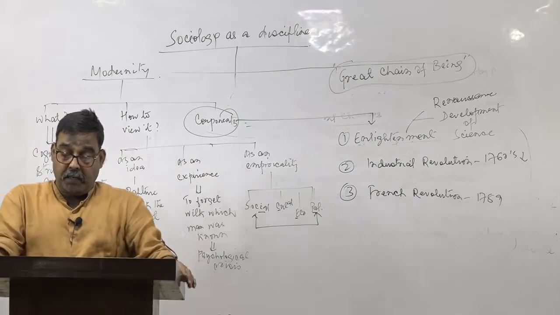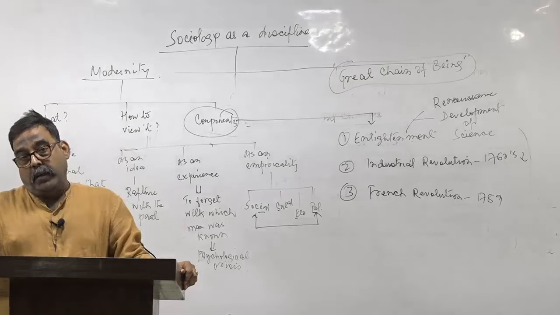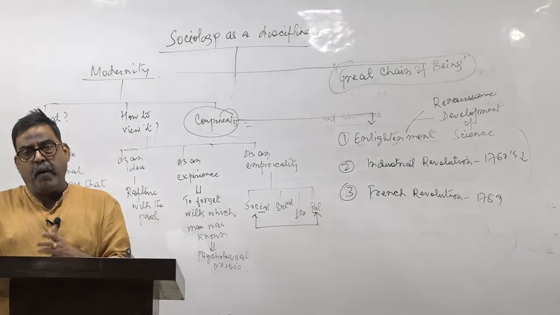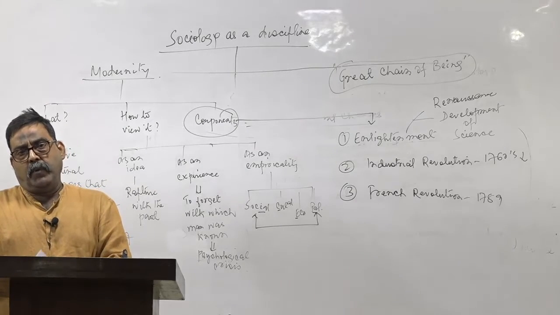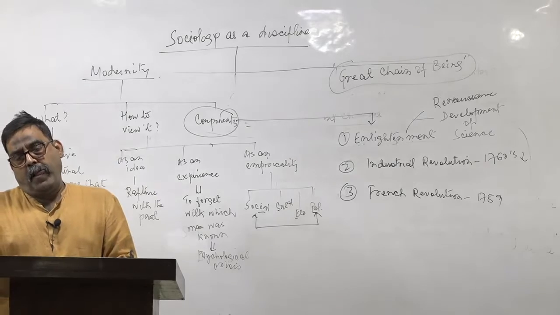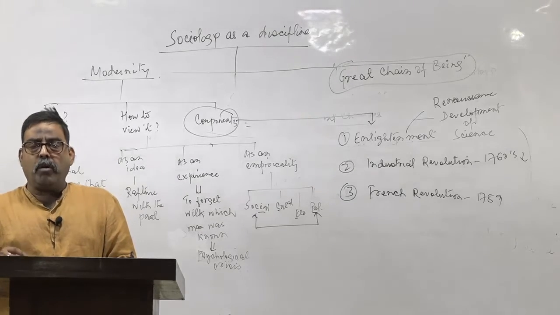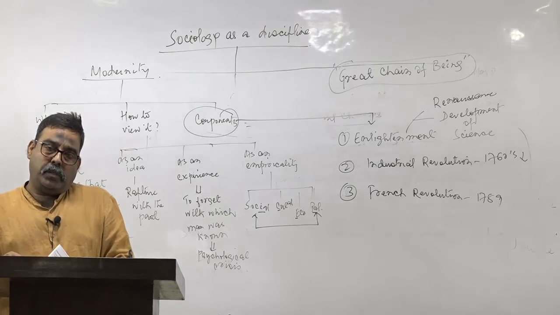The philosophers like Montesquieu, spirit of law, decentralization we are talking about, there should not be concentration of power in one hand. Voltaire will emerge. We will be talking about religious tolerance. We will be raising concerns on superstitions.